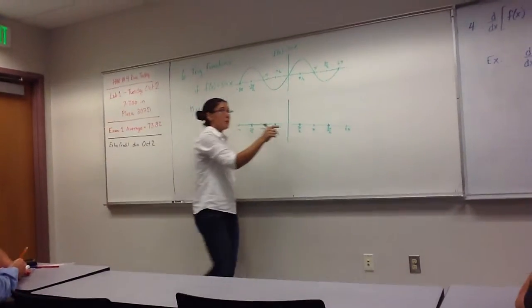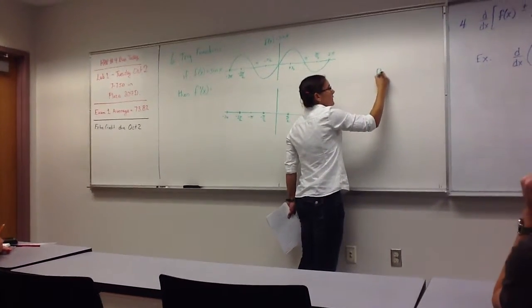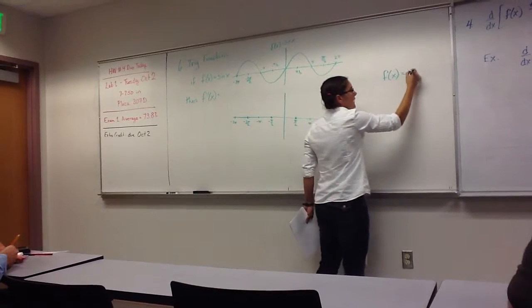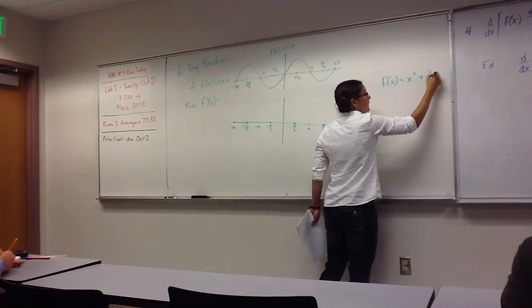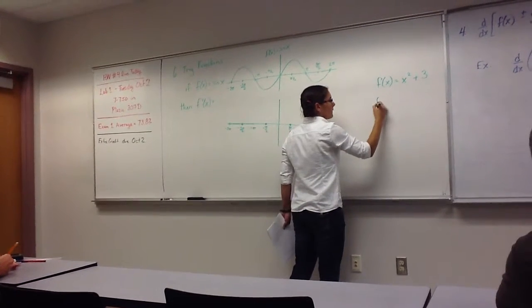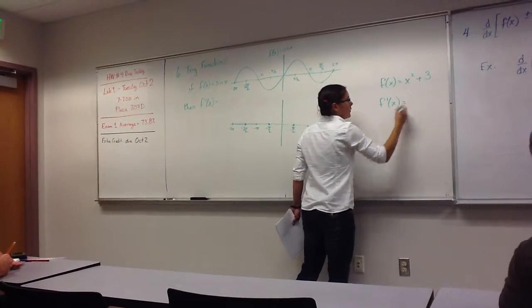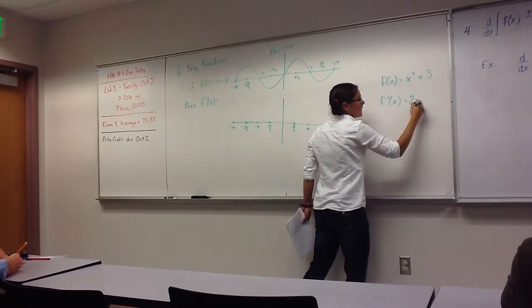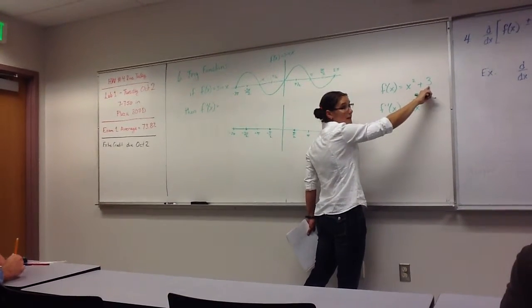So that comes from, even if I think about a function, like I'm not going to use a trig function here, but even if I have like x squared plus 3, when I calculate its derivative, well, the derivative of x squared is 2x, and the derivative of a constant by itself is 0.